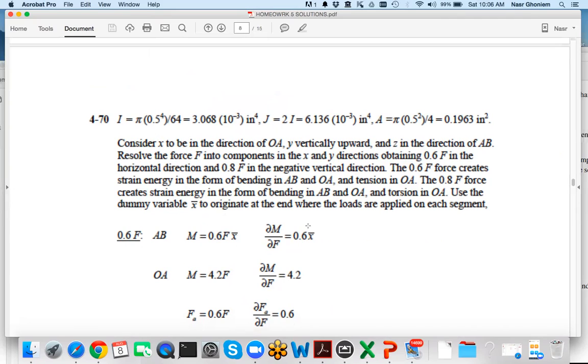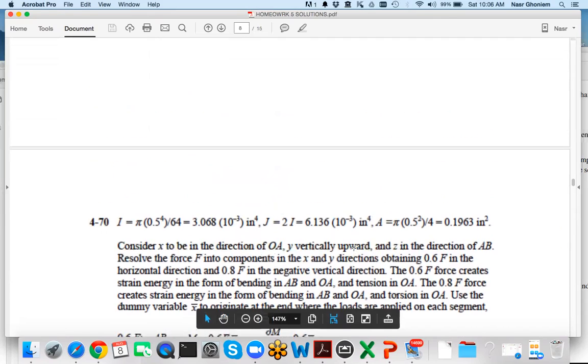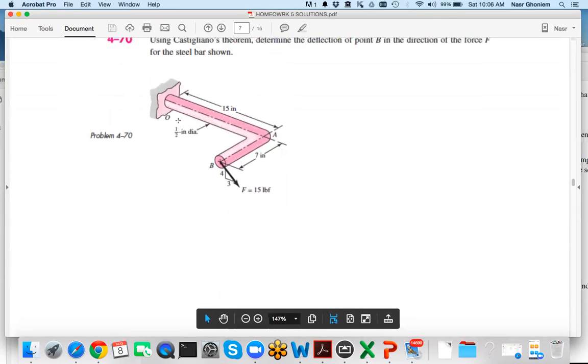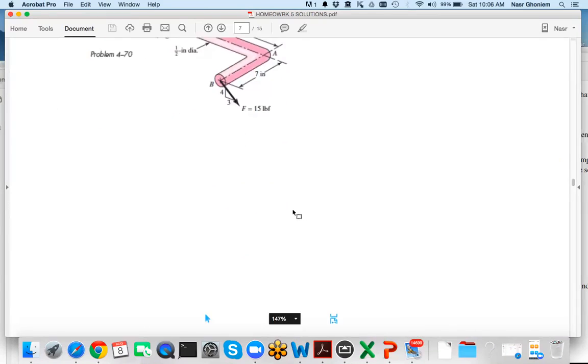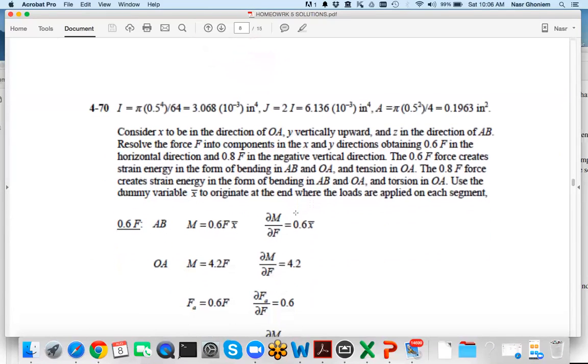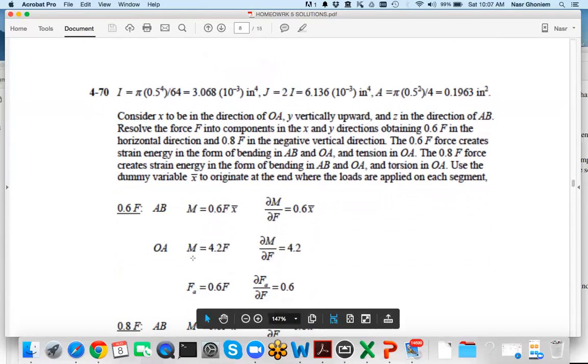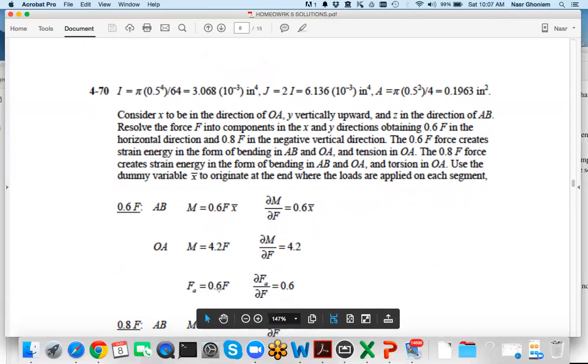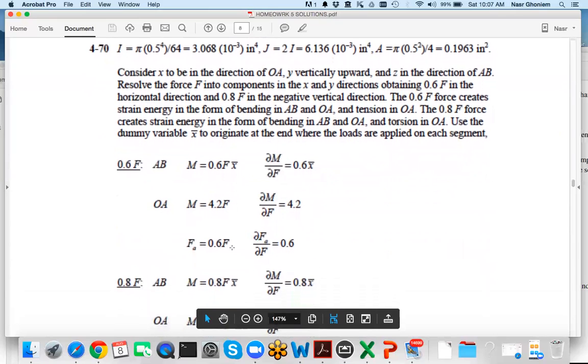Now, when we go to the member OA, the moment is computed as 4.2 times F, and we have an axial force because we decompose.